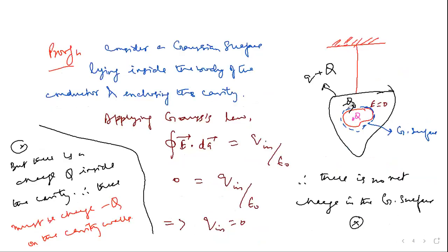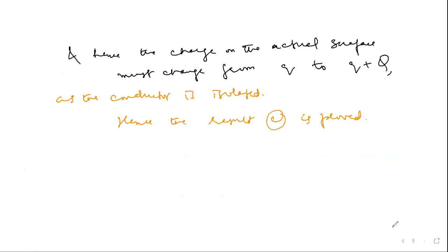We've shown minus Q will appear on the cavity walls and the charge on the outer surface will change from small q to small q plus capital Q. This was result C. Now I have another result, result D.